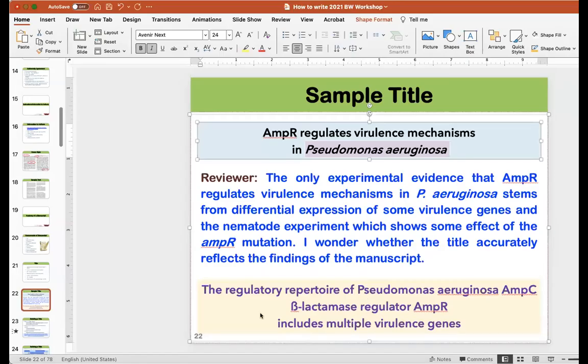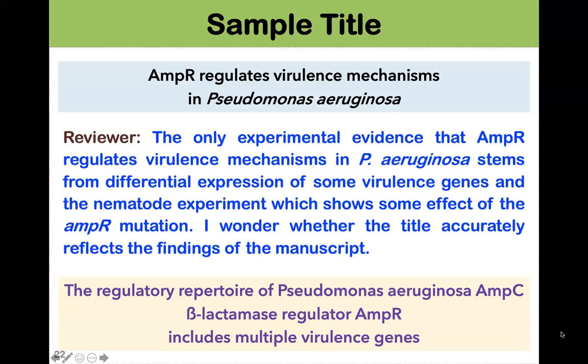All right, so here is an article we wrote. This is one of my first papers as a faculty member, and I called it "UmpIRE regulates virulence mechanism." Then the reviewer came back and said the only experimental evidence that UmpIRE regulates virulence mechanisms is blah blah blah. I wonder whether the title accurately reflects the findings of the manuscript.